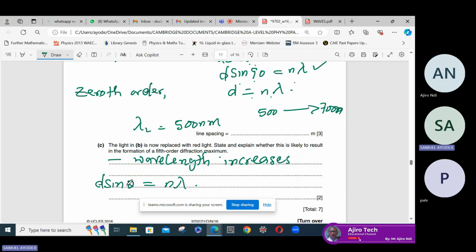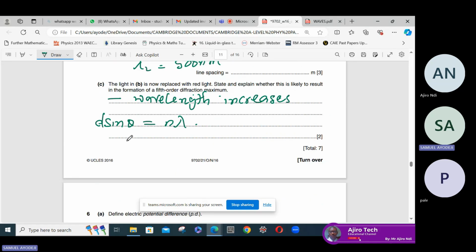Whenever you calculate theta and the answer ranges from 0 degrees to 90 degrees, the diffraction is possible.